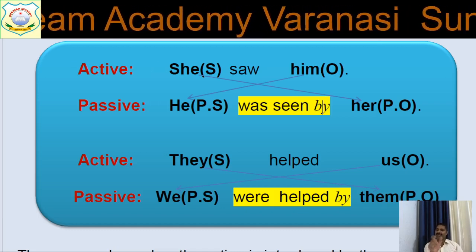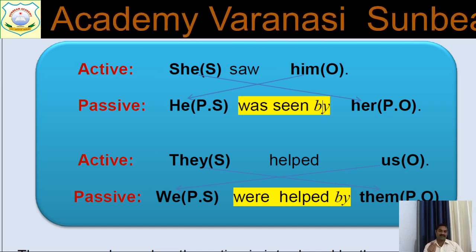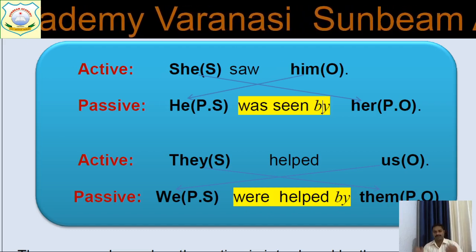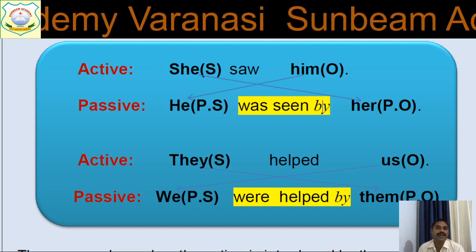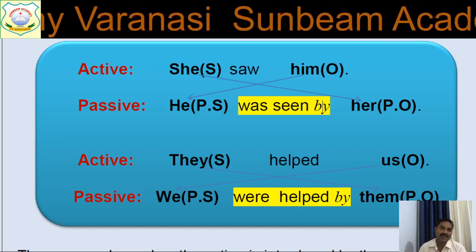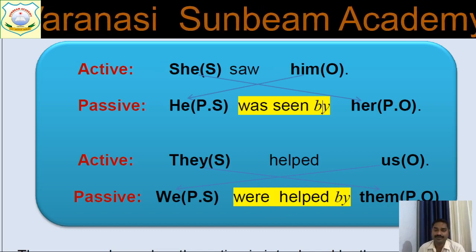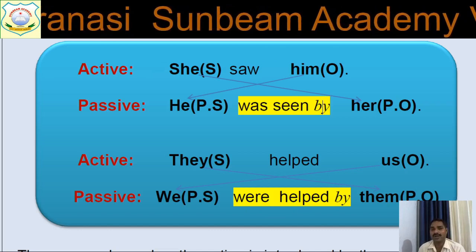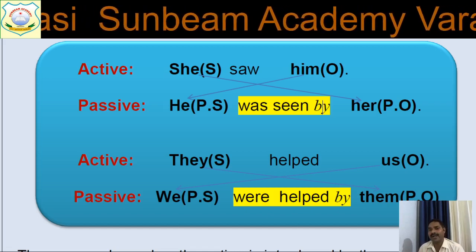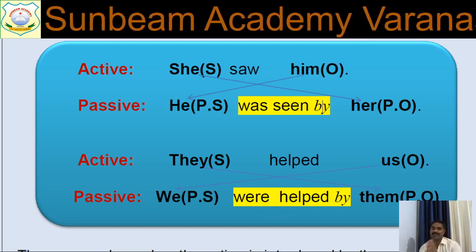If you learn the use of the helping verb, there you will learn everything in active and passive voice, because the main verb in passive voice is always written in third form, and there you write by preposition, and then you write the object. Where the objects are understood or not to be highlighted, or the doers are not known in active voice, there you will not write by and object, but you will have to write subject plus helping verb plus third form of the verb.